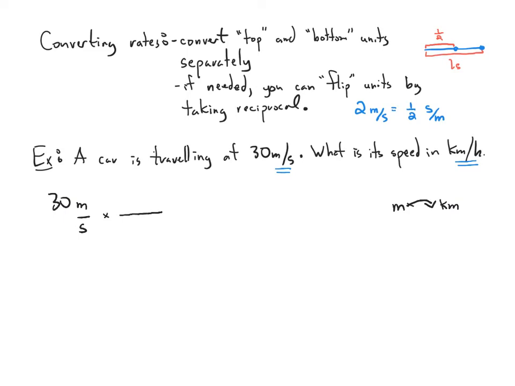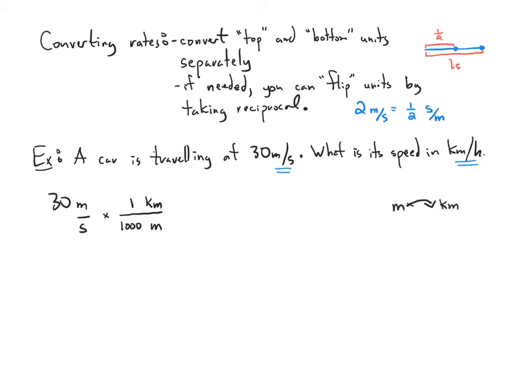Again, we want to get rid of meters, so meters goes on the bottom, and we want to be in kilometers, so it goes on top. And the unit that we're getting rid of goes in the opposite place from where it is already. And we know that 1 kilometer is the same as 1,000 meters. Remember, that's what this prefix kilo means. It means 1,000. So 1,000 meters is 1 kilometer.